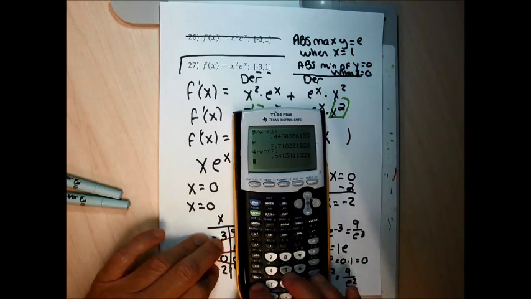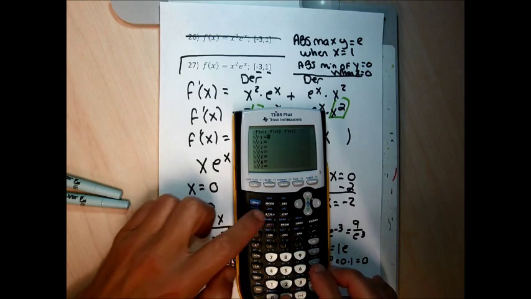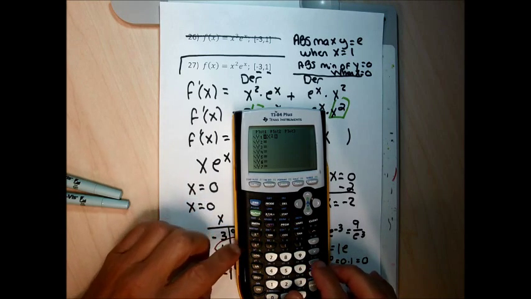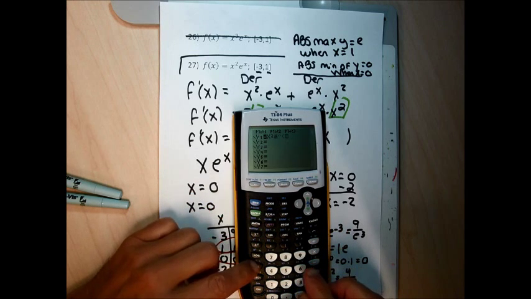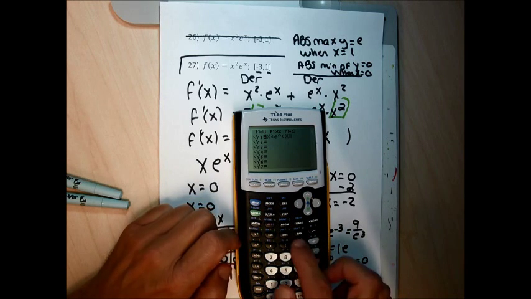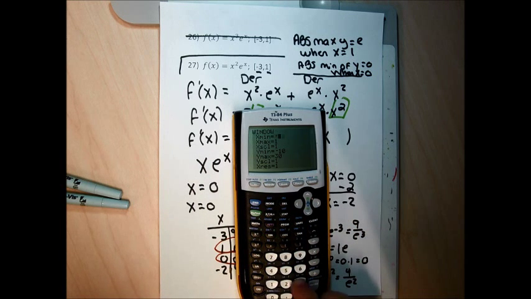So on my calculator, I clear out my screens here, do x squared second ln e to the x, and set my window: x min -3, x max 1, y min, let me just make it really small.